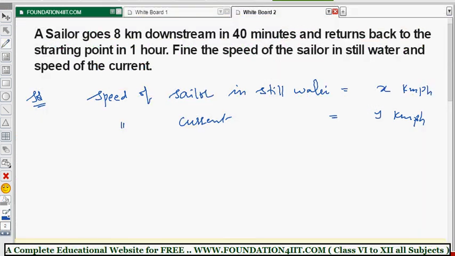Now observe the speed downstream and the speed upstream.